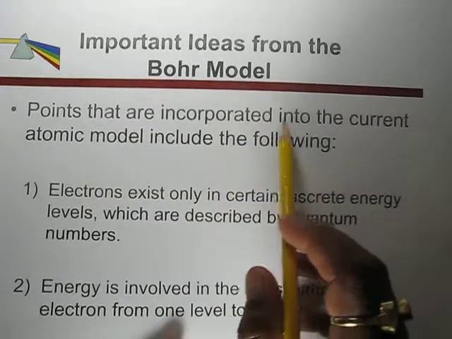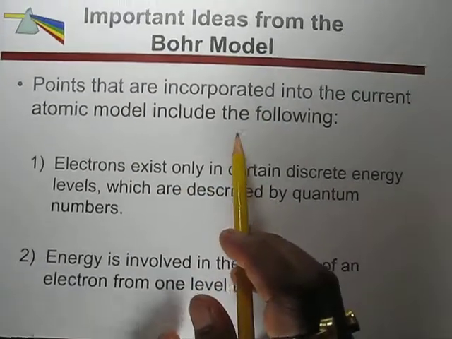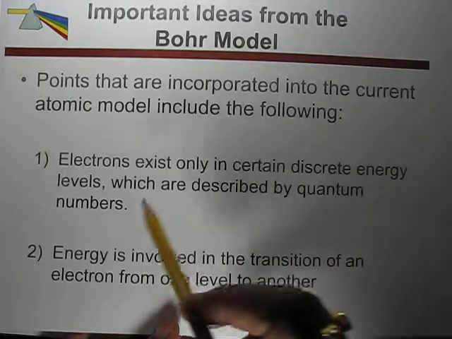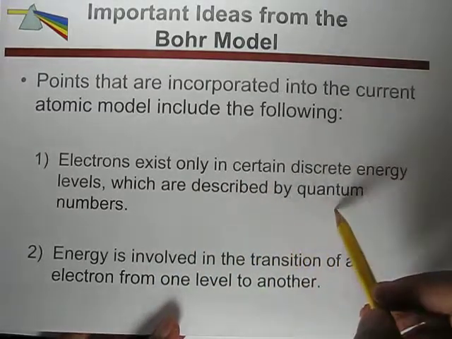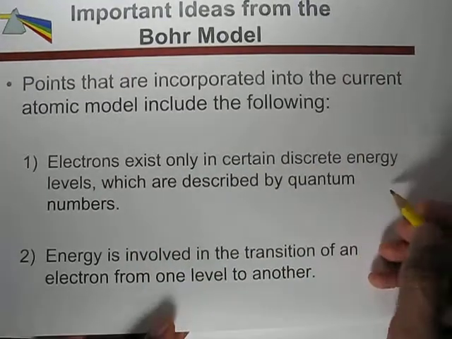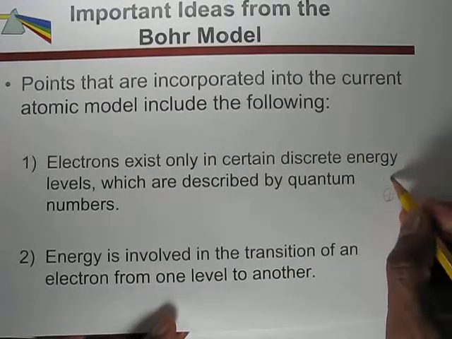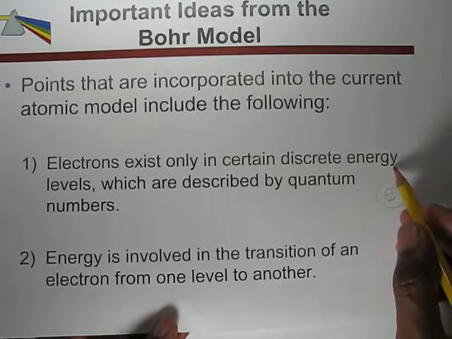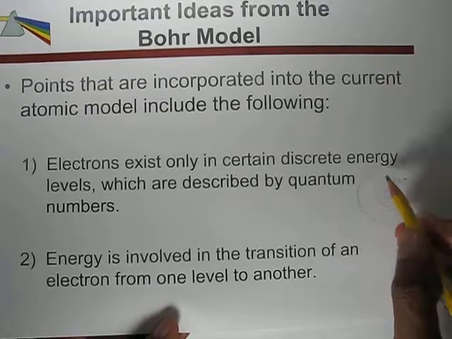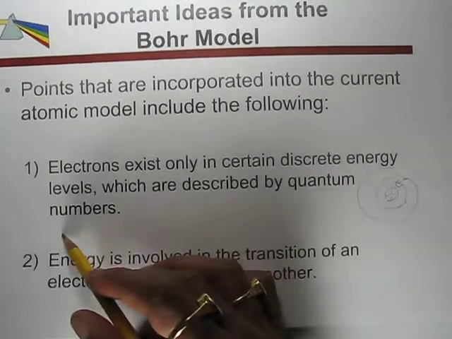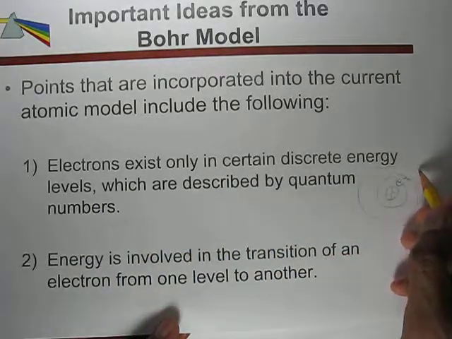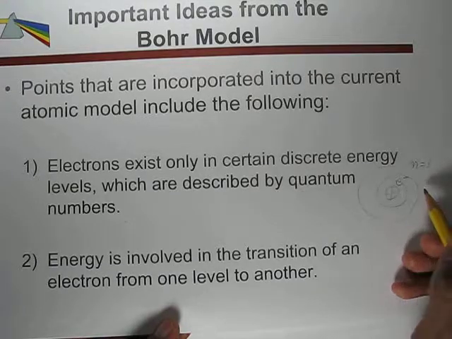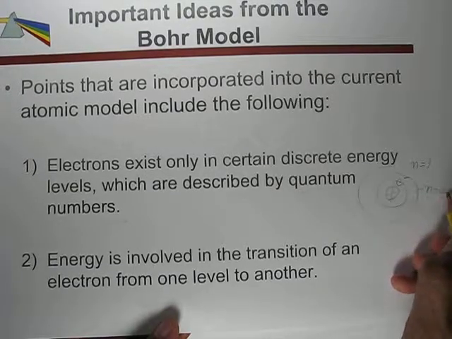The points that are incorporated into the current atomic model include the following: electrons exist only in certain discrete energy levels, which are described by quantum numbers. For example, if the electron is in shell number 1, that is quantum number 1, represented by small n, and then this will be quantum number 2.